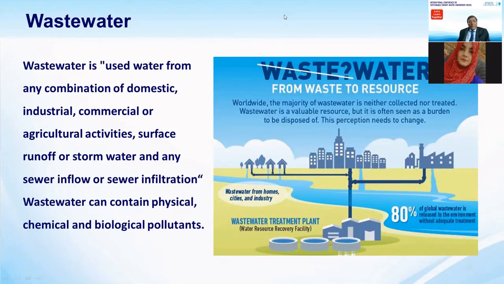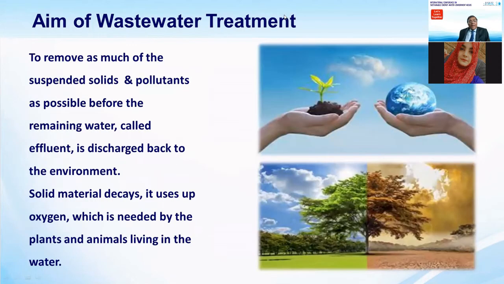This is the domestic wastewater, and sometimes in the kitchen we use detergents, and this also contaminates the sewage. The second is industrial wastewater. In industrial wastewater, we have wastewater especially from the manufacturing industry.